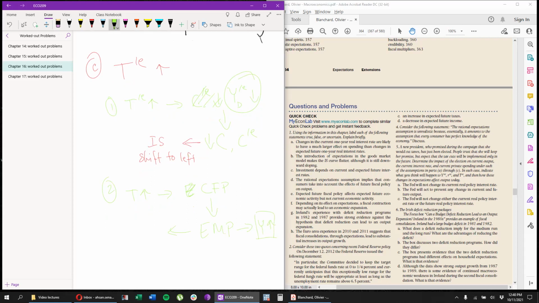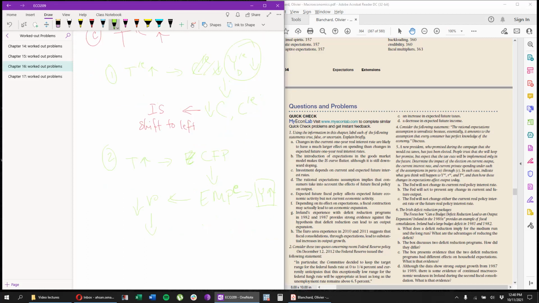That's the important thing. The question does not tell us that an expansionary monetary policy will be implemented, but as long as there is an expectation that an expansionary monetary policy will be or might be implemented, that's lowering R. And when R goes down, what's that going to do?